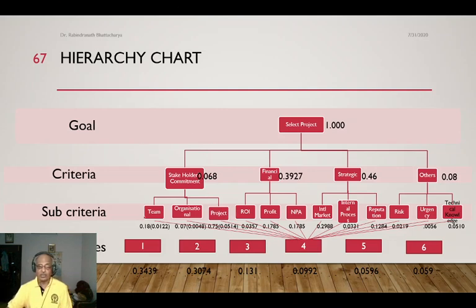Stakeholders, team related to stakeholders should be multiplied, and here it is 18%. So 18% multiplied by 6.8%. Then similarly for financial. So for each alternative, I'll have to go for this team, organization, and project.